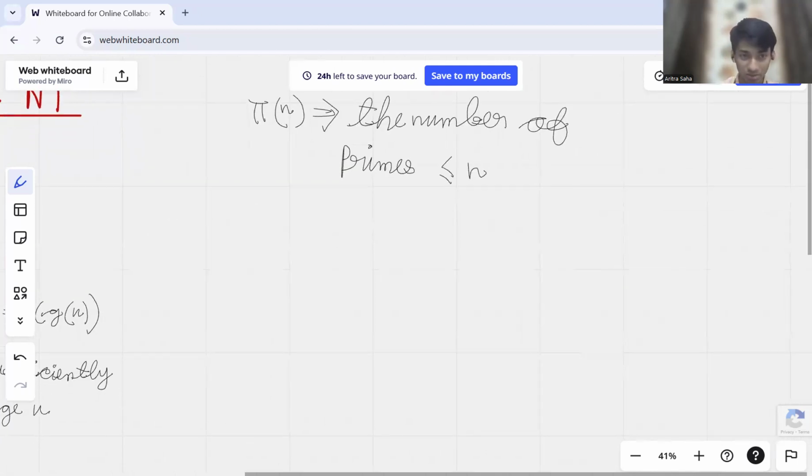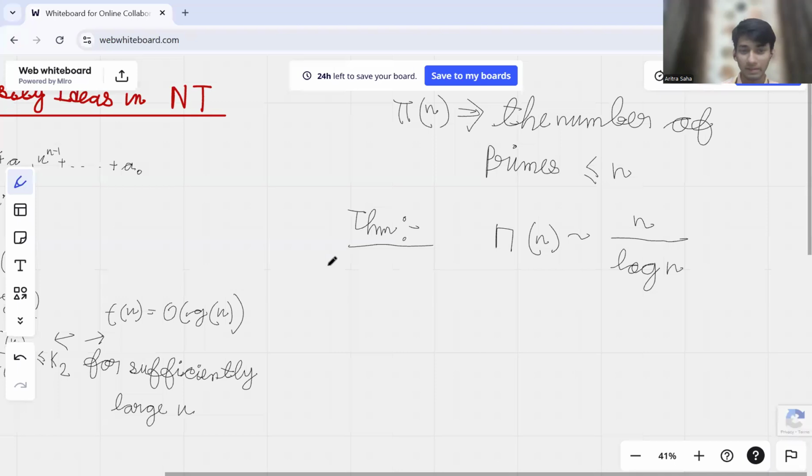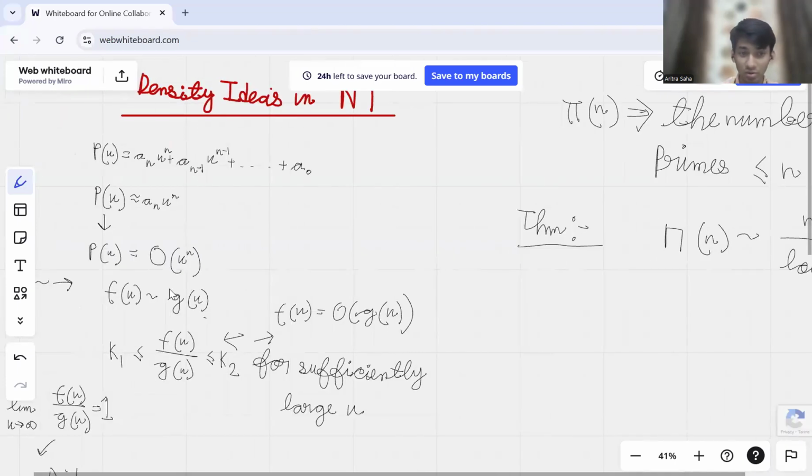Now there is a theorem which I sadly won't be able to prove today: pi of n is n by log n. If you want to use this definition, the proof is not that hard.